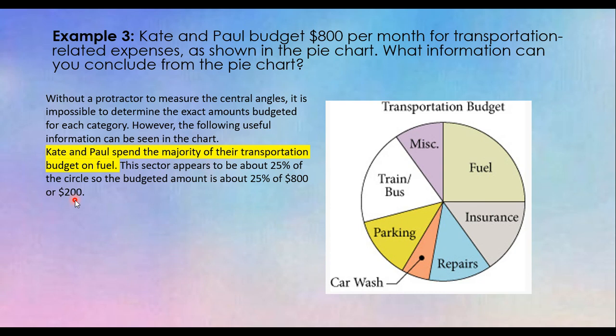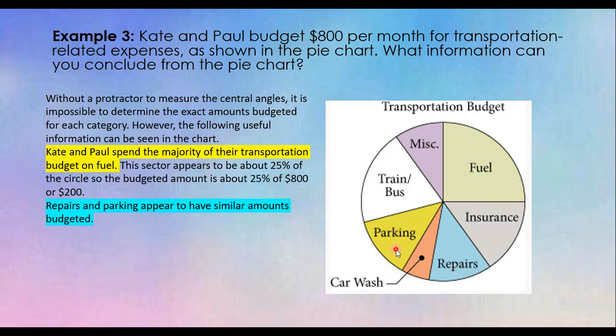And I can approximate that one particular cost because it seems pretty clear to me how much that is. Also, looking further, I noticed that repairs and parking have about similar amounts budgeted. So if I put repairs and parking together, that looks to be about a quarter. So I know that they're probably spending on average $200 in parking.